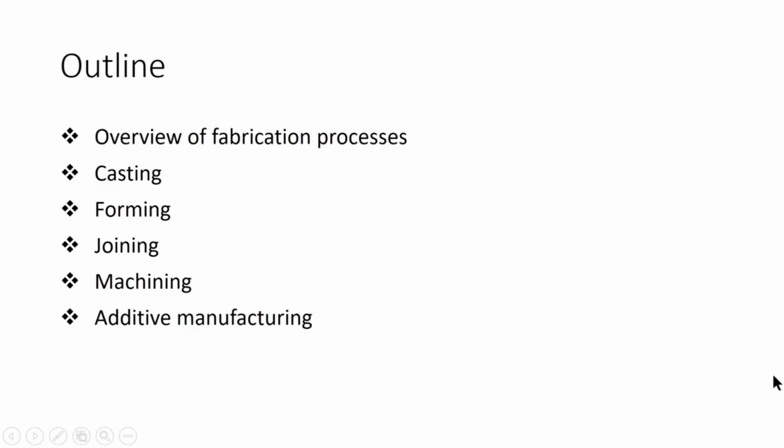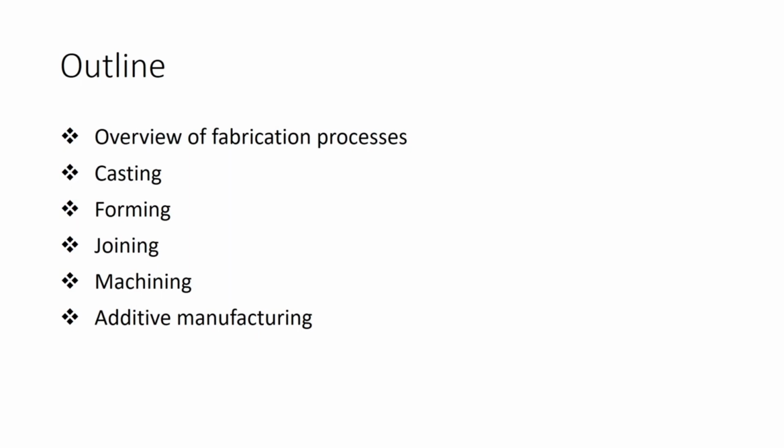Hello everyone, I welcome you all to the fourth lecture of week 3. In week 3 we are looking at various selection and fabrication criteria and methods which are required to build an automated system. In this lecture we will be learning at primary level various fabrication processes. The outline of this lecture is as follows.